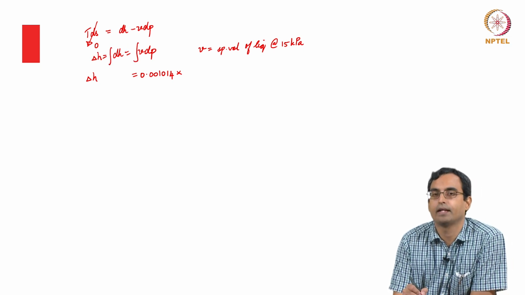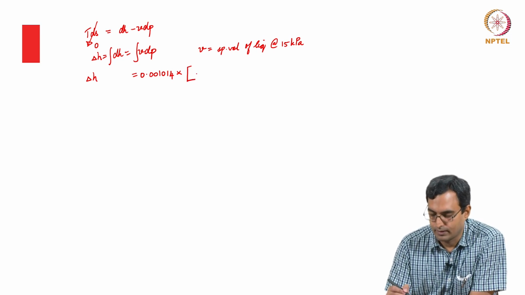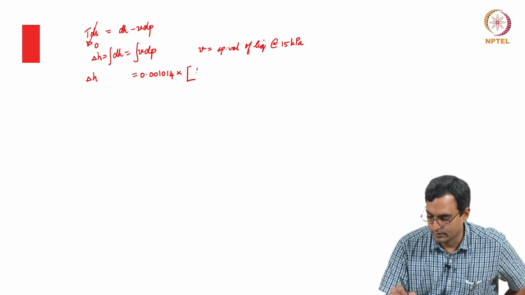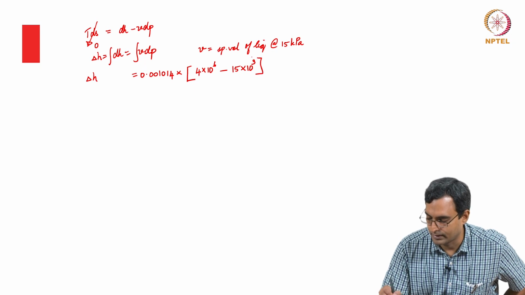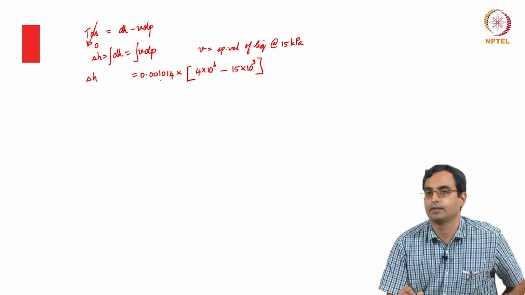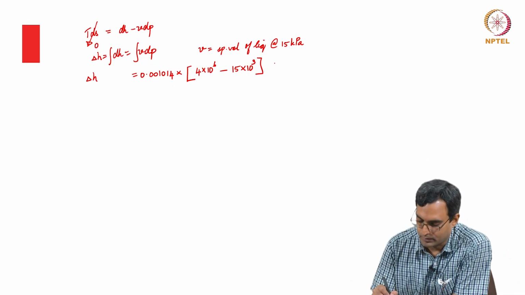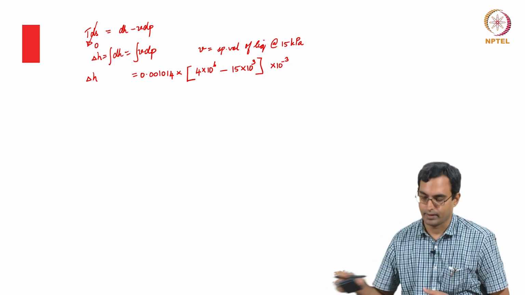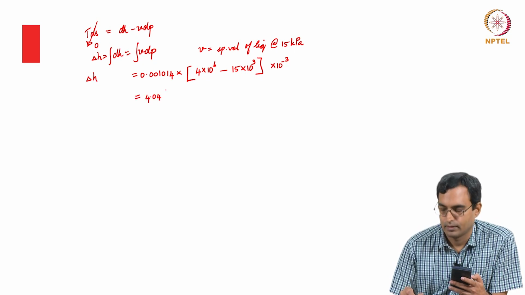I am taking V as constant and just integrating dP. dP is final pressure minus initial pressure, which for me is 4 megapascals minus 15 kilopascal. These are in pascals, this is in meter cube per kg. I will get an answer in joule per kg. I will convert it back into kilojoule per kg, because my other values are in kilojoules per kg. I believe this value comes out to be about 4.04 kilojoule per kg.